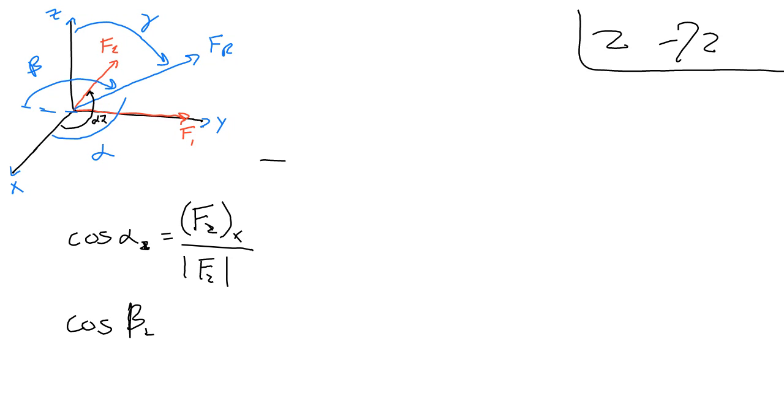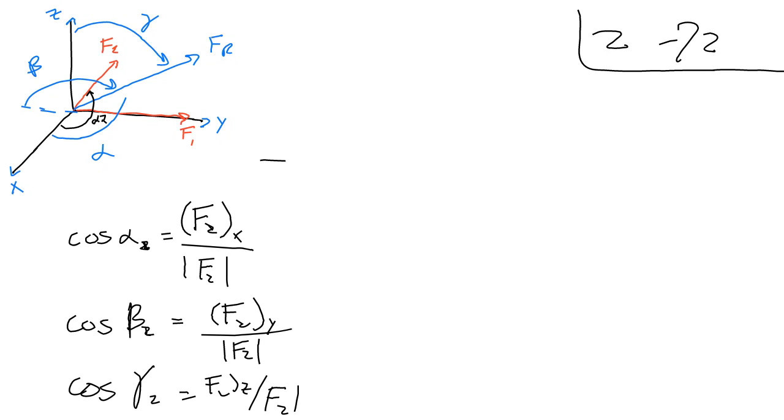Alright, so I'll speed up here now because it's all going to follow that pattern. Boom, right? Because we've already solved for the x, y, and z components of F2, and we've just solved for the magnitude of F2 by taking the square root of those components.